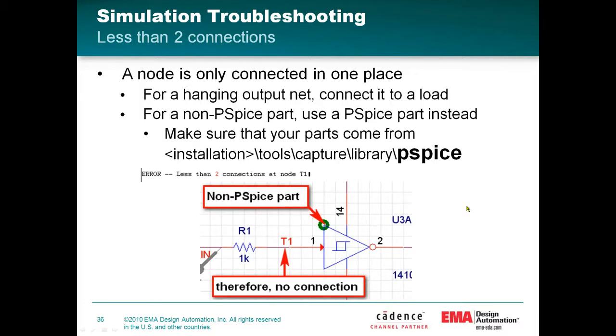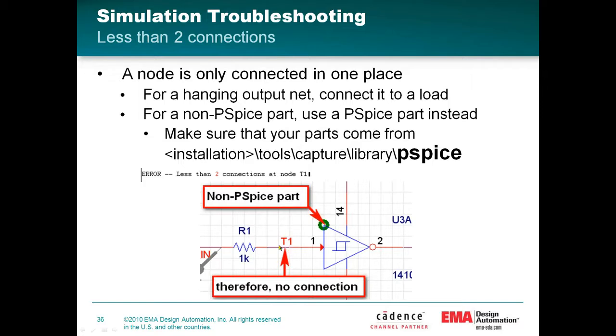Another issue is that schematics can sometimes be mixed with PSpice components and standard ORCAD symbol components that have no underlying PSpice model. This is the type of error you'll get when that happens. You'll see less than 2 connections at a particular node, meaning this node here has a PSpice connection on the resistor, but this inverter gate doesn't have any PSpice model associated with it.